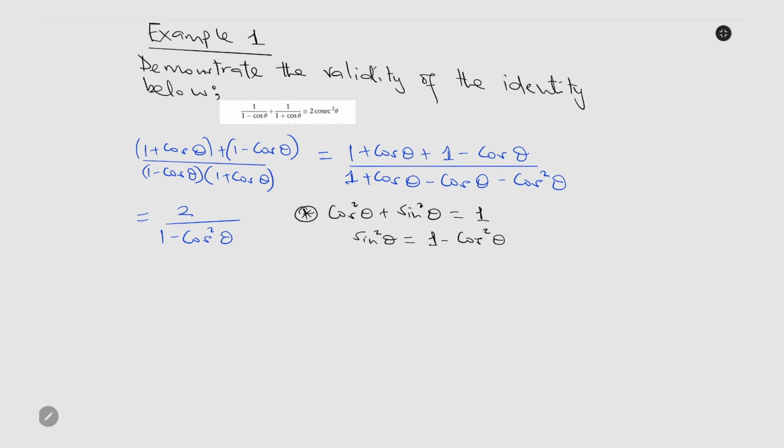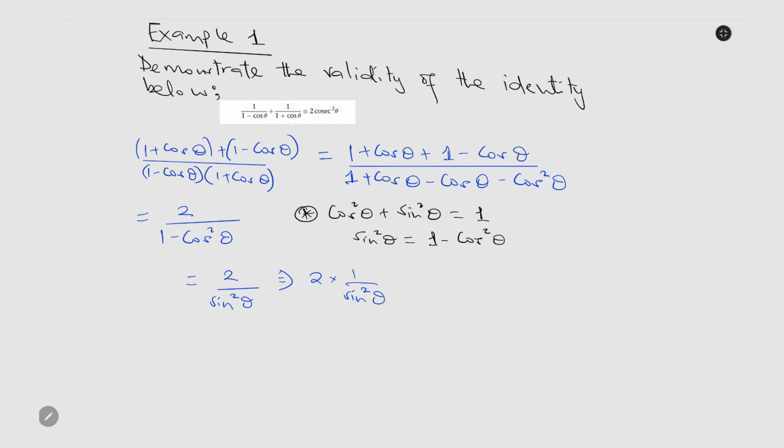So we see that this denominator, 1 minus cos squared theta, we can replace its value with sine squared theta. So that I will have 2 over sine squared theta, or that is the same as 2 times 1 over sine squared theta.